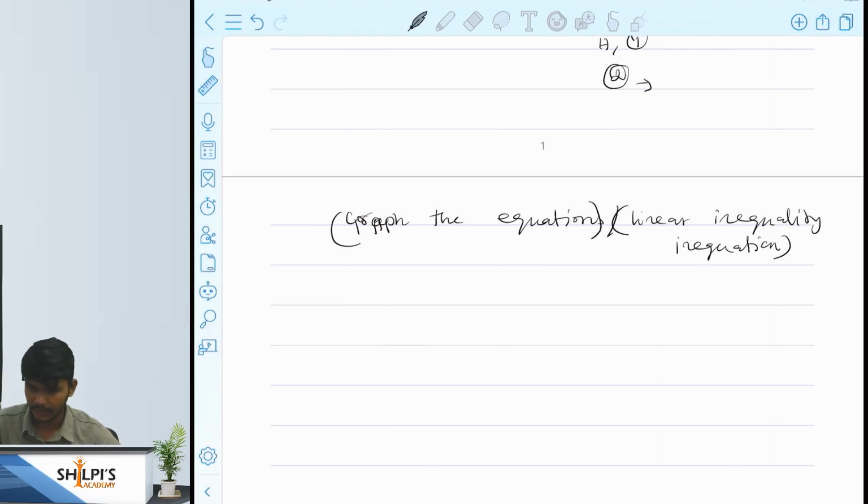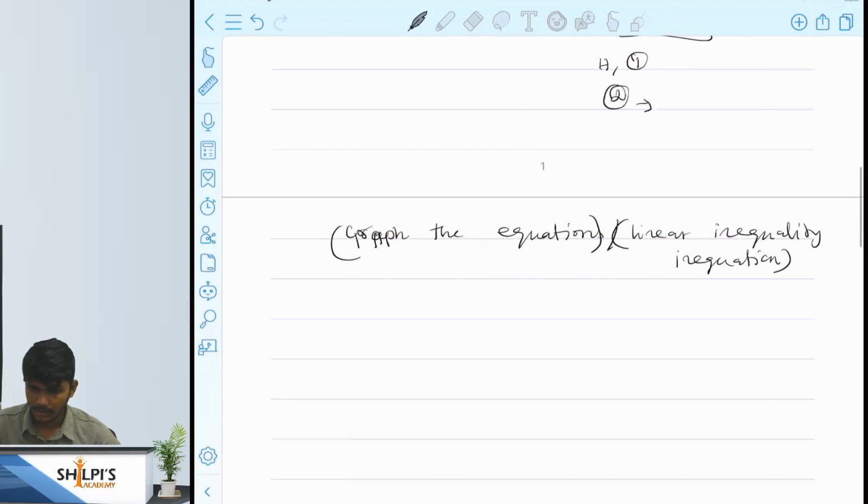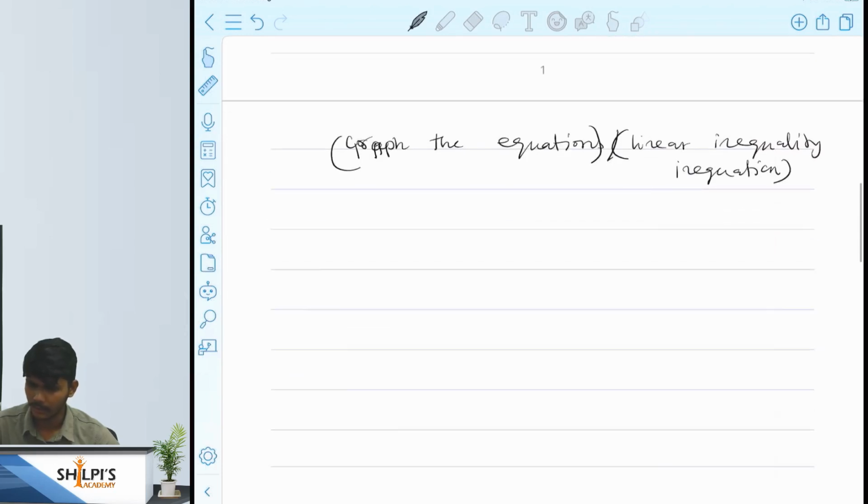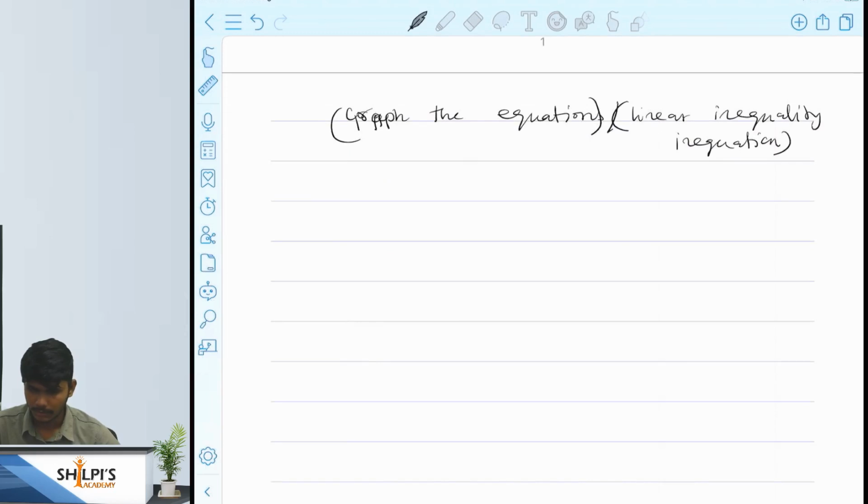We will see that later. First we will see these three topics, and after that we can go to the next three topics. You should know how to construct an algebraic structure. In the last class itself, in simple linear equations, we have seen how to create an algebraic equation from the descriptive problem. Here also we will do the same.